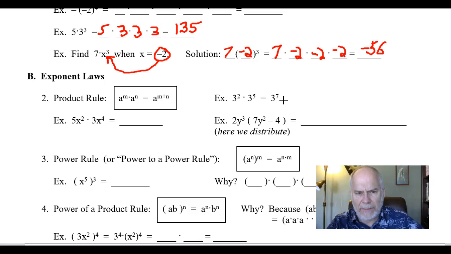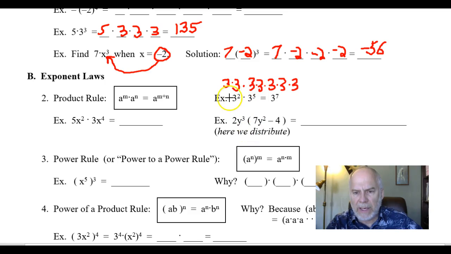So why is that? Well, 3 to the 2nd power really means 3 times 3, right? And then 3 to the 5th power means I'm going to multiply 5 3's together. Let me put a dot in between each of them. Okay. And then what's the operation in between these two things? It's multiplication.